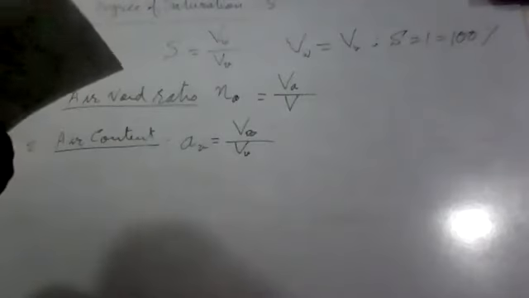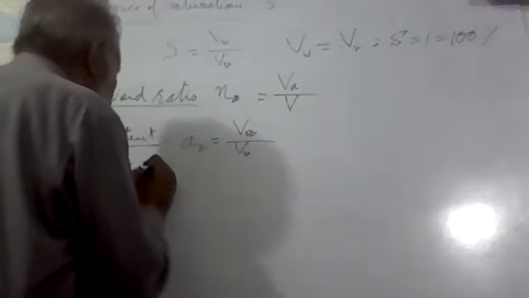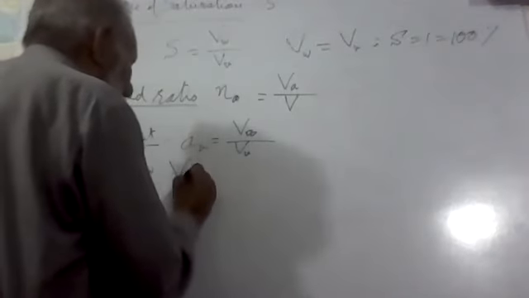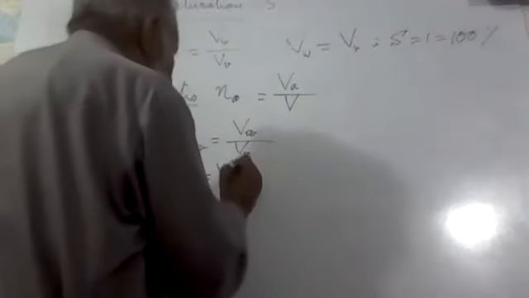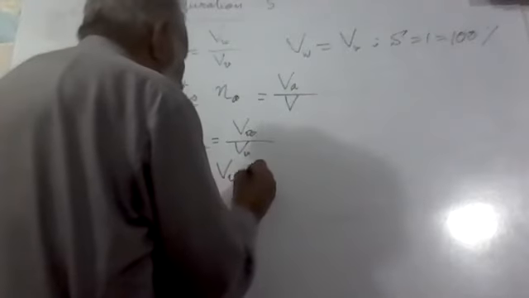That is air content. Now, volume of air is equal to volume of total voids minus volume of water.